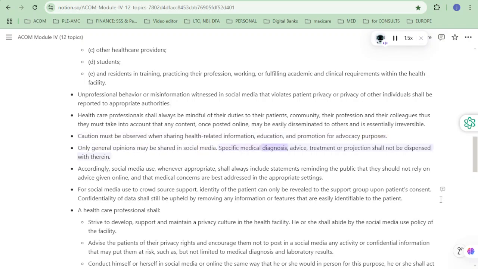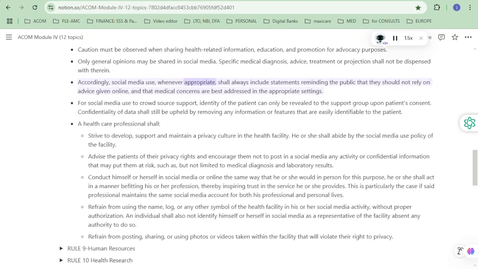Specific medical diagnosis, advice, treatment, or projection shall not be dispensed with therein. Accordingly, social media use, whenever appropriate, shall always include statements reminding the public that they should not rely on advice given online, and that medical concerns are best addressed in the appropriate settings. For social media use to crowdsource support, identity of the patient can only be revealed to the support group upon patient's consent.